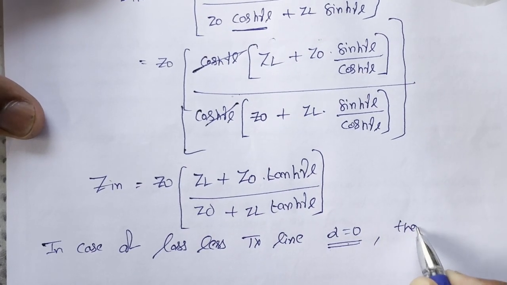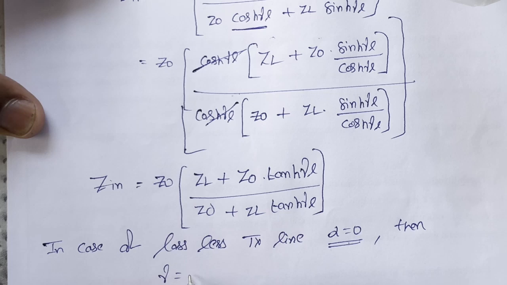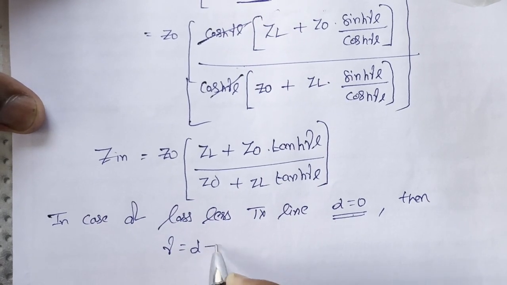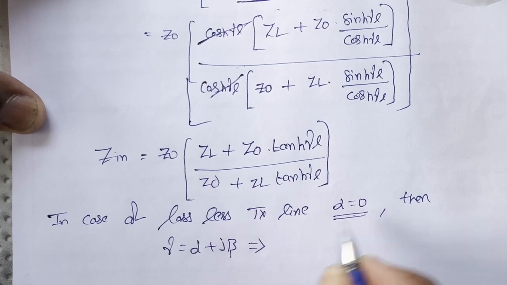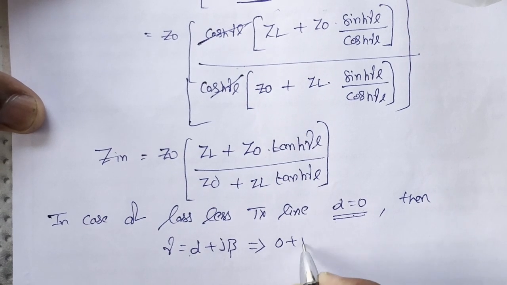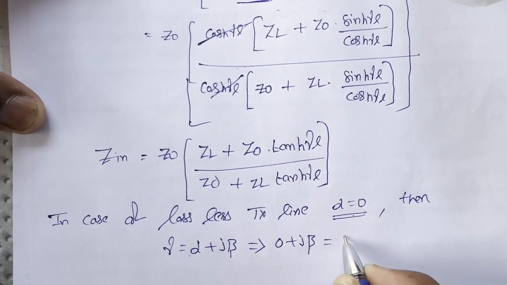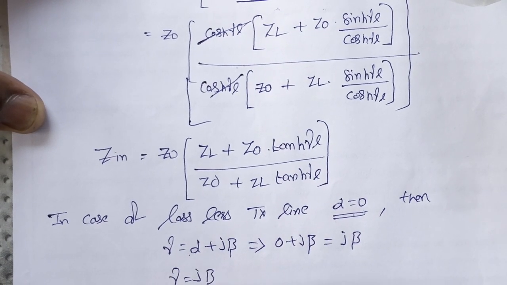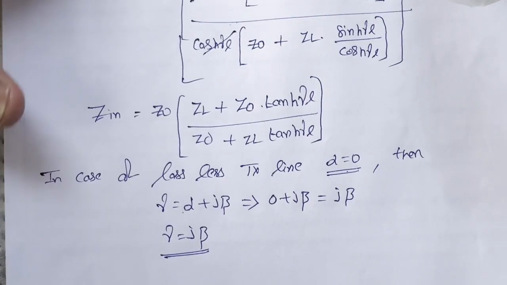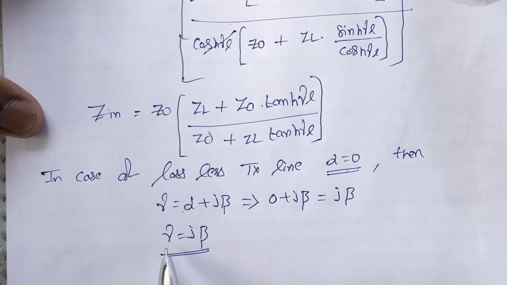Then gamma equal to alpha plus j beta, the general formula. Here the value of alpha is 0, so gamma is equal to j beta.